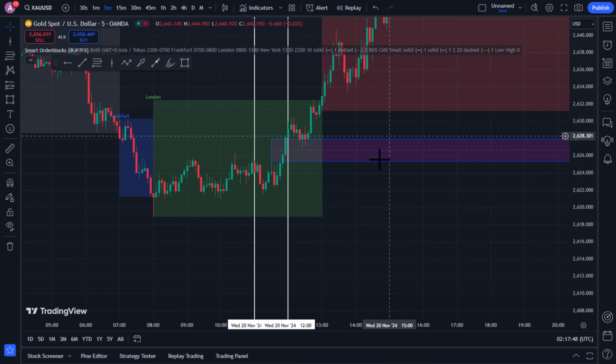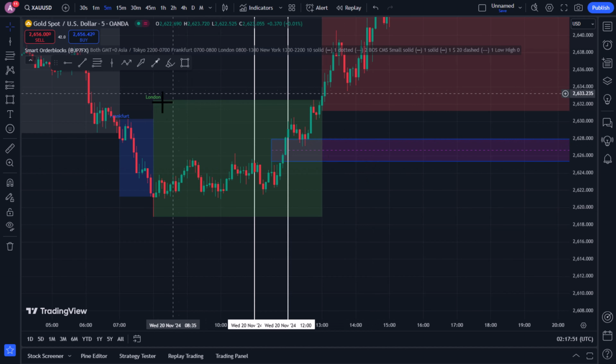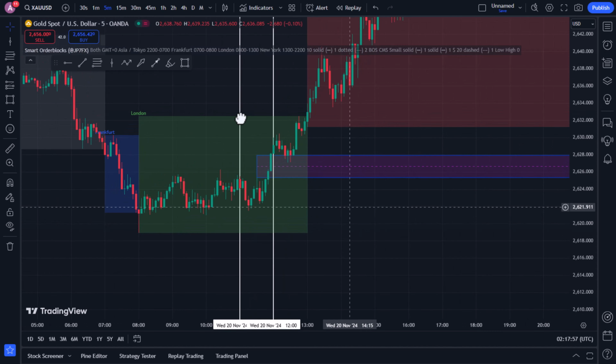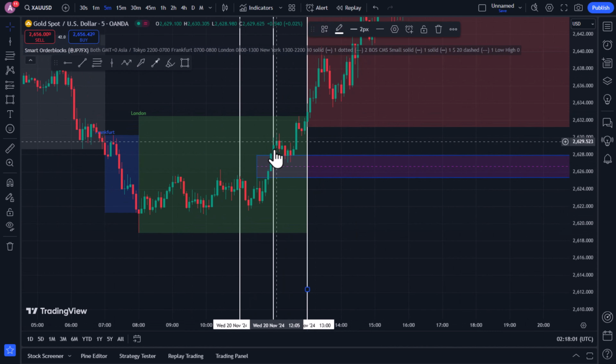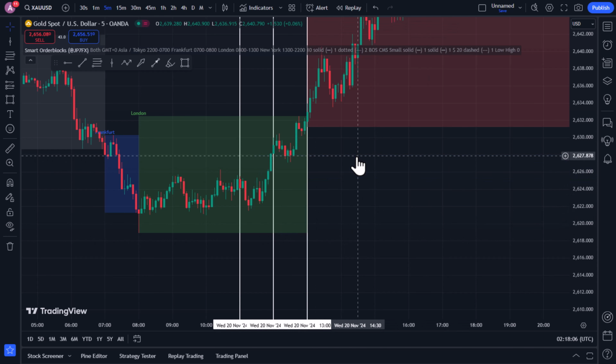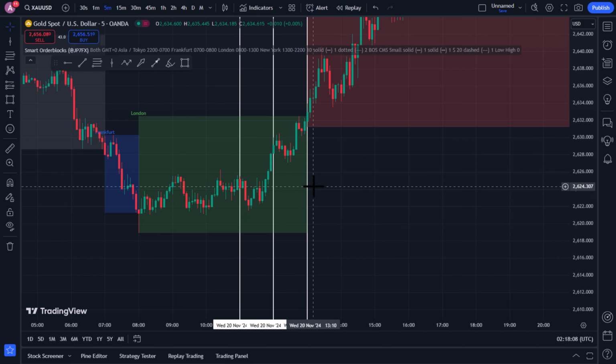This was the distance that I was using on the different analysis. This is the London session. This is the last 2 hours of the London session, right? The reason why I don't add the last hour is just because it's going to make the chart look messy, so there's no need for me to do that. But this right here is the last 2 hours.